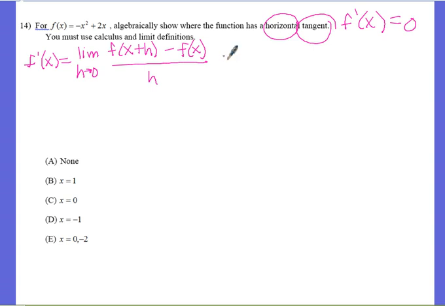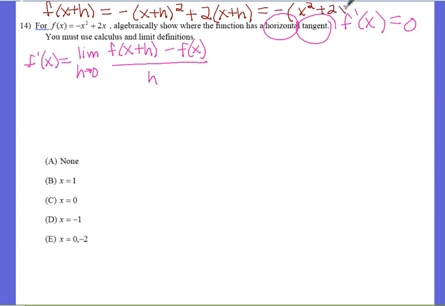So, things that you should know, f of x plus h is equal to negative (x plus h) squared plus 2 times (x plus h). Let's simplify this. This would give me negative parentheses x squared plus 2xh plus h squared, plus 2x plus 2h. So all I'm going to do is rewrite this down here into my fraction.